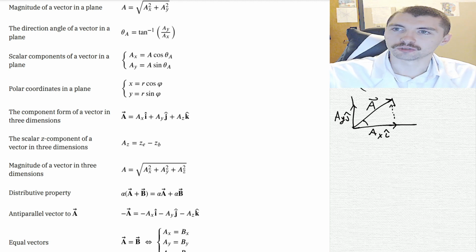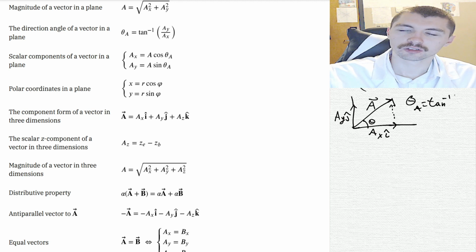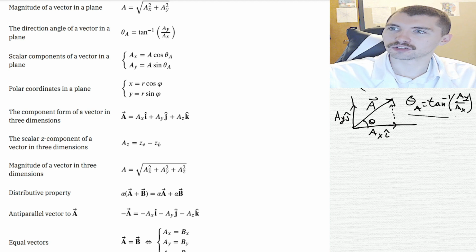So you want to know the direction of this theta, then theta A is the inverse tangent of AY over AX. Why is this true?